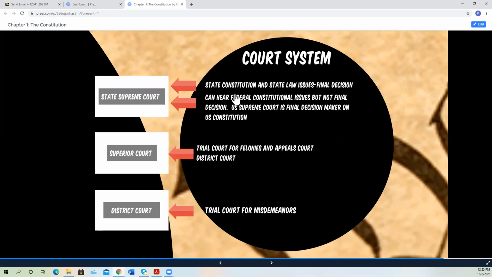If you feel the police have violated your state constitutional rights and you lose at the state Supreme Court, it cannot go to the US Supreme Court because it's a state constitutional issue, not a federal constitutional issue. So state Supreme Courts can hear both state constitutional issues and federal constitutional issues.